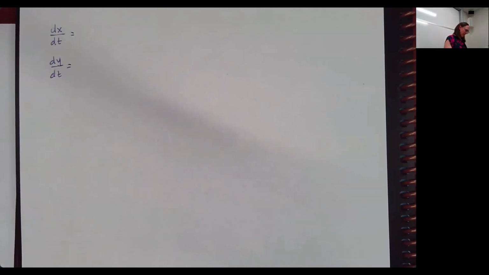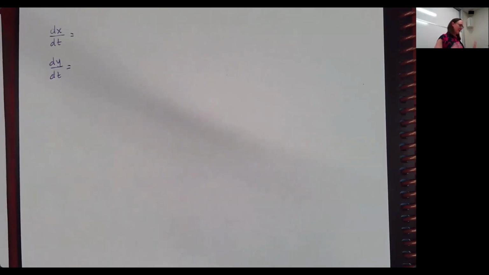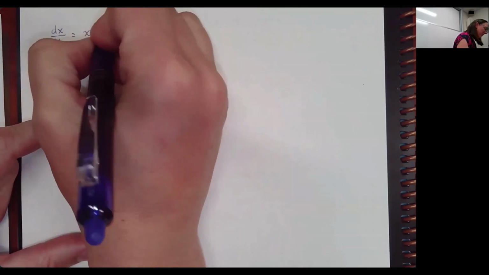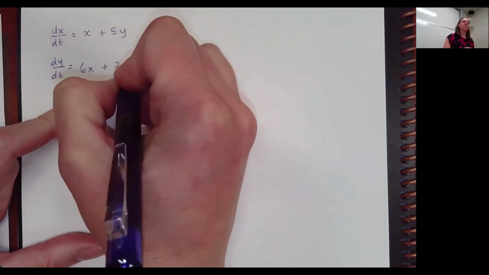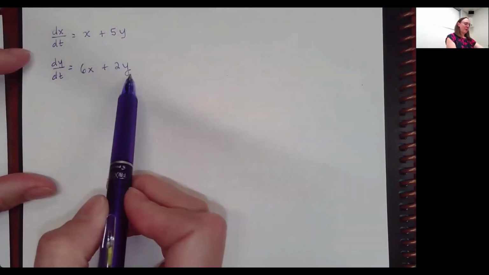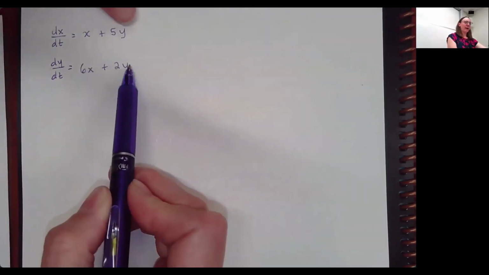So let me tie this back to the equation I gave us before. Suppose that I had a differential equation that looked like x plus 5y, 6x plus 2y. So this is a linear system of differential equations because each of these are linear, meaning my powers of x and y are 1.